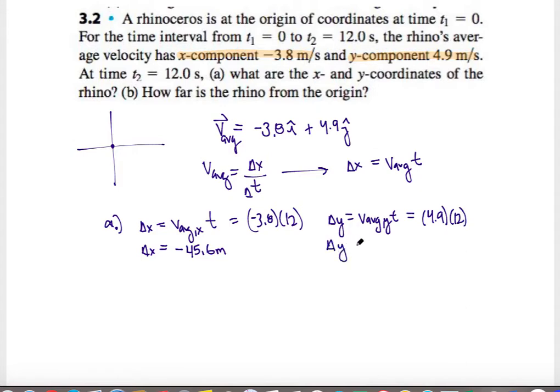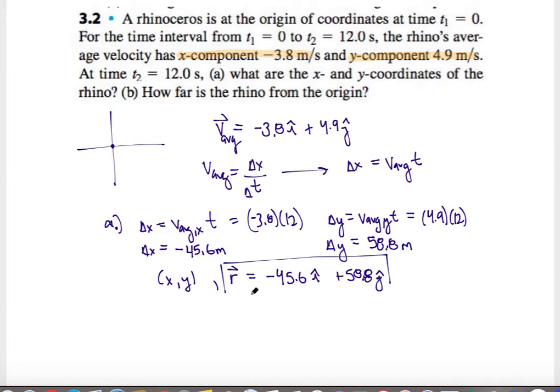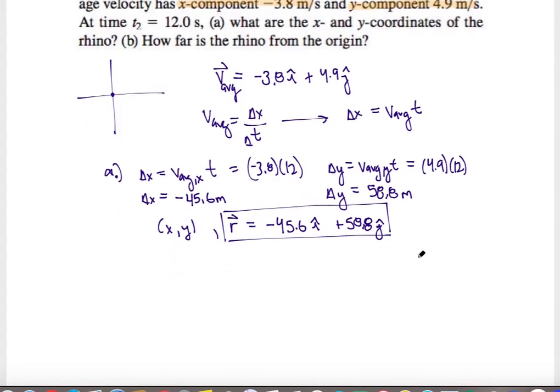So my change in y position will be positive 58.8 meters. So these are my x and my y coordinates. I could write that as x, y, or I could write it as a position vector, which I will do: negative 45.6 i hat plus 58.8 j hat. So there's my x and y coordinates for the rhino after 12 seconds.